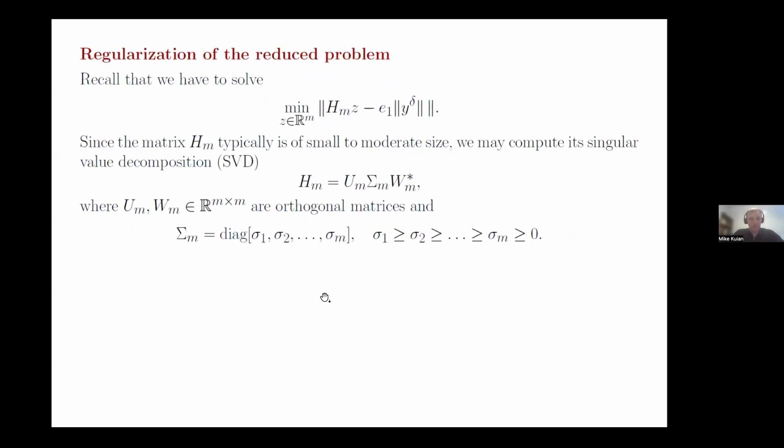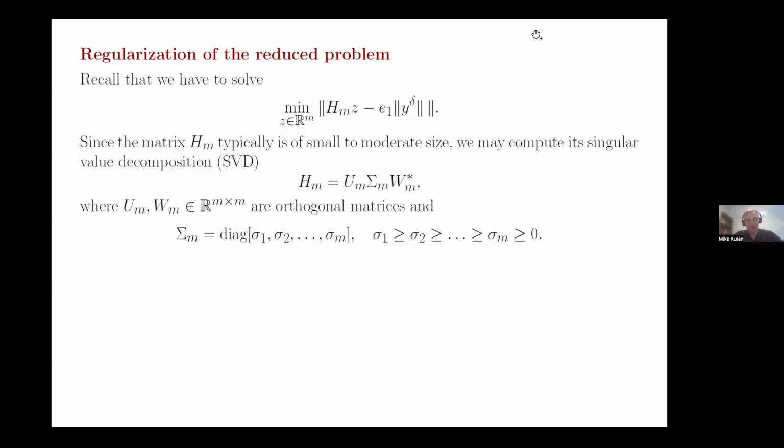Okay, so we regularize the reduced problem. Again, remember that we have to solve this problem. This is our Hessenberg matrix. You want to simply fit a basis vector 1, 0, 0.